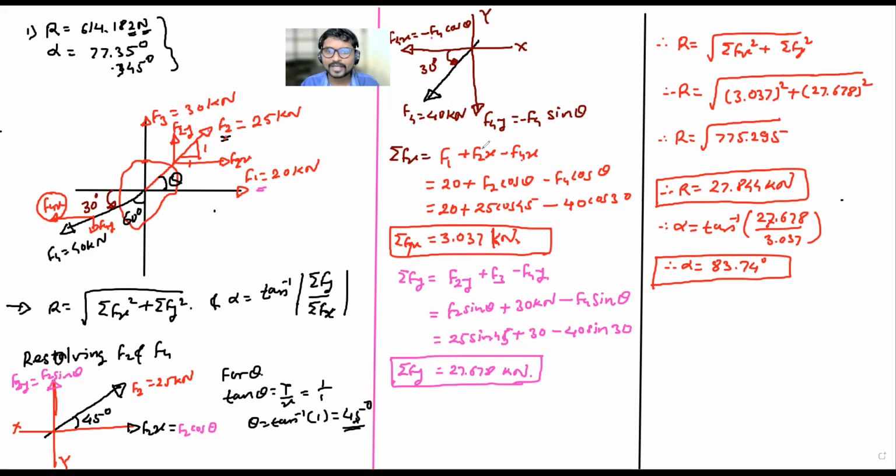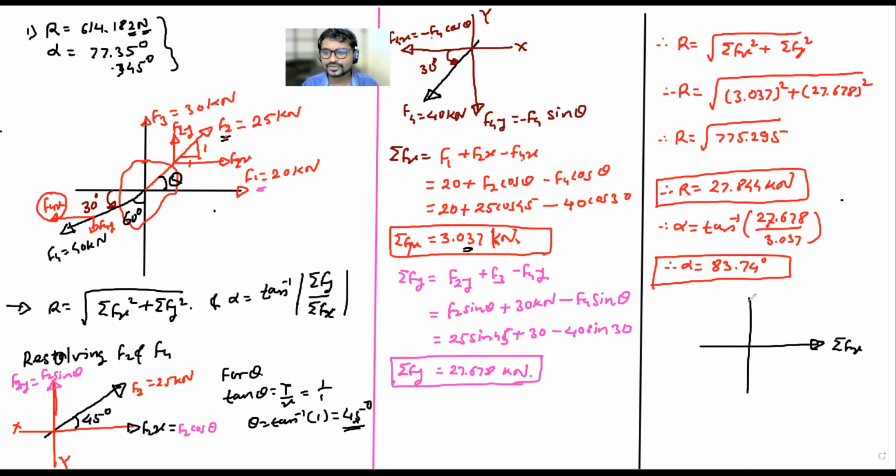Now, which step did we miss here? We did not show the resultant R in which quadrant. Firstly, a vertical line as the y-axis, a horizontal line as the x-axis. Summation Fx is positive, so it will be along the positive x-axis.